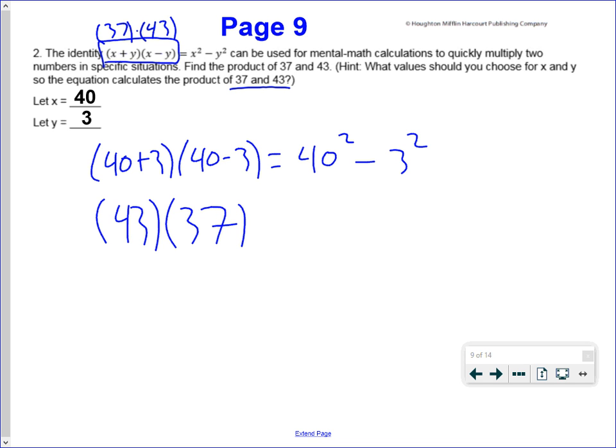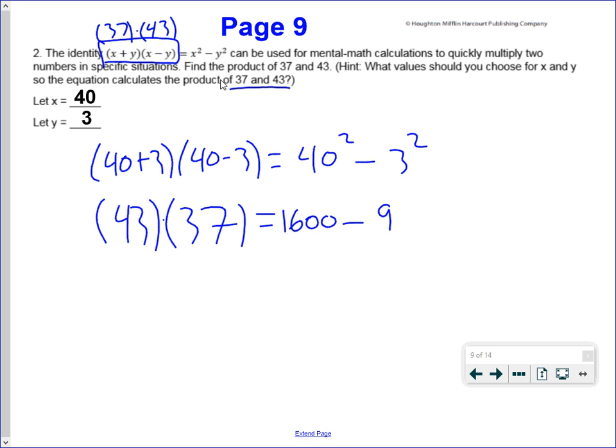That's exactly what we wanted, because that's what we're ultimately solving for, the product of 43 and 37. And that all equals 40 squared. We can do the same thing we did with 20 squared. 4 squared is 16. And we're left with 1 zero on each 40, so we can just add them to the end. So 40 squared is just 1600, and 3 squared is 9.